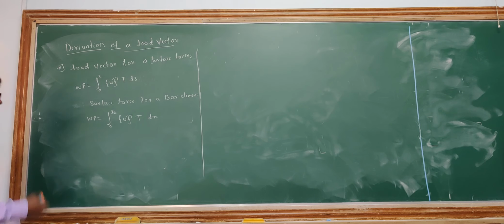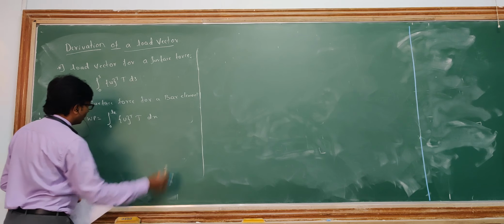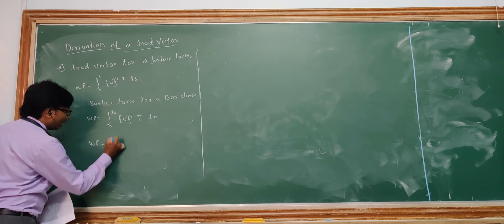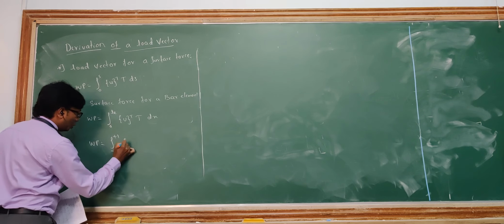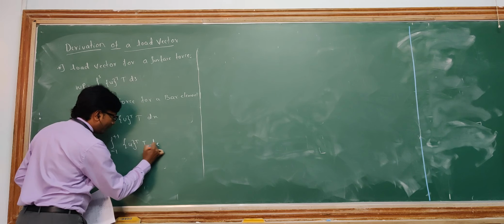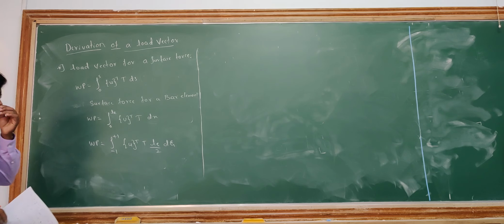Now we will be converting dx into d zeta, so that will be the work potential, integration -1 to +1 u transpose T into LE by 2 into d zeta. This is the conversion factor which we have taken.